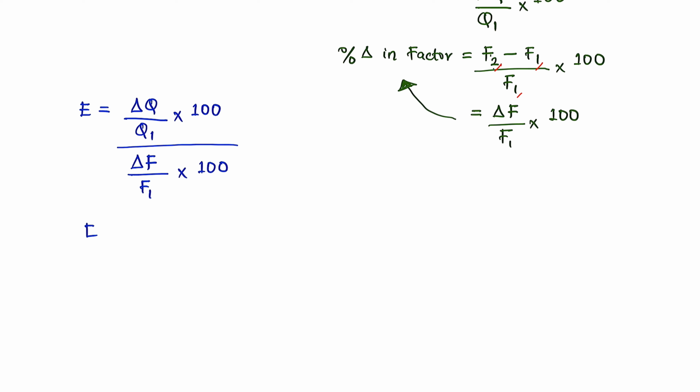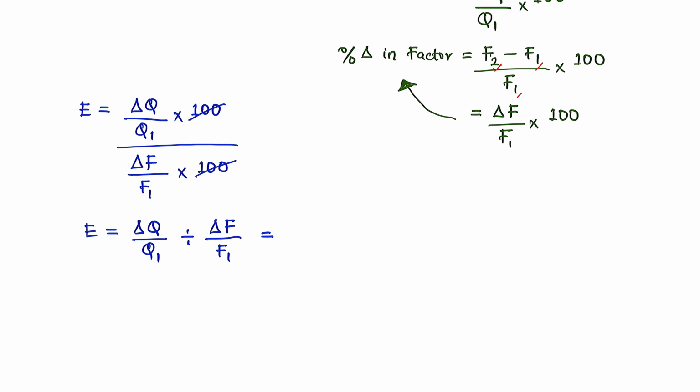E equals, 100 will cancel out 100. So we are left with change in quantity divided by Q1, divided by change in factor over the old factor.